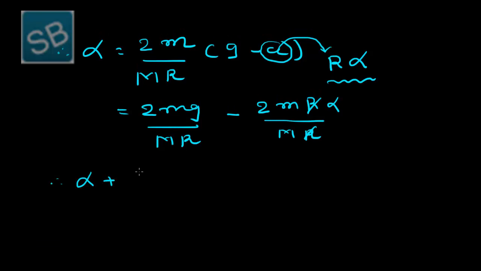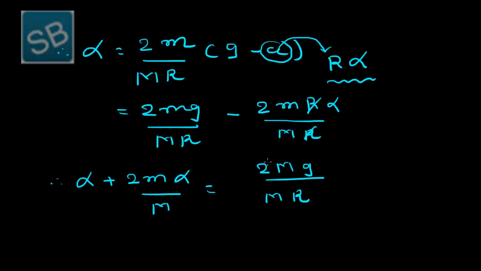that alpha plus twice small m alpha upon capital M is equal to twice mg over MR, and now I can take alpha common from the left hand side.